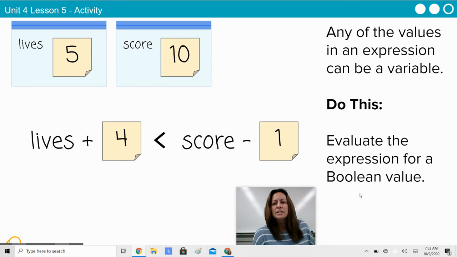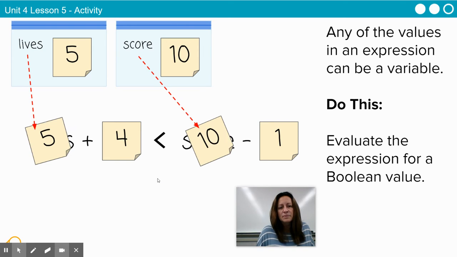Any of the values in an expression could be a variable. In this case, we have an expression where on the left-hand side, we have variable lives plus 4. And on the right-hand side, we're comparing that to the variable score minus 1. So to evaluate this expression, we first replace each variable with its value. And this is what the computer would do also.